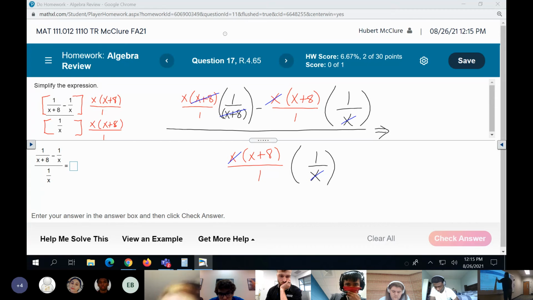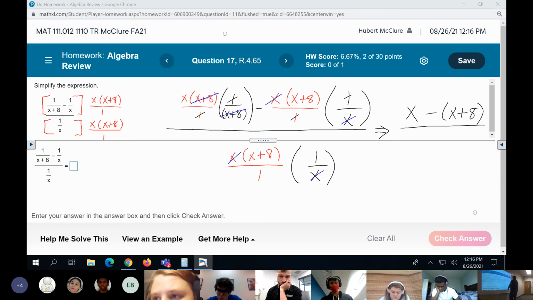what's x times 1 over 1? Well, technically you can cancel those ones out. X. There you go. Negative x plus 8. Those ones cancel. Negative x plus 8. Those ones cancel, and that's left with x plus 8.